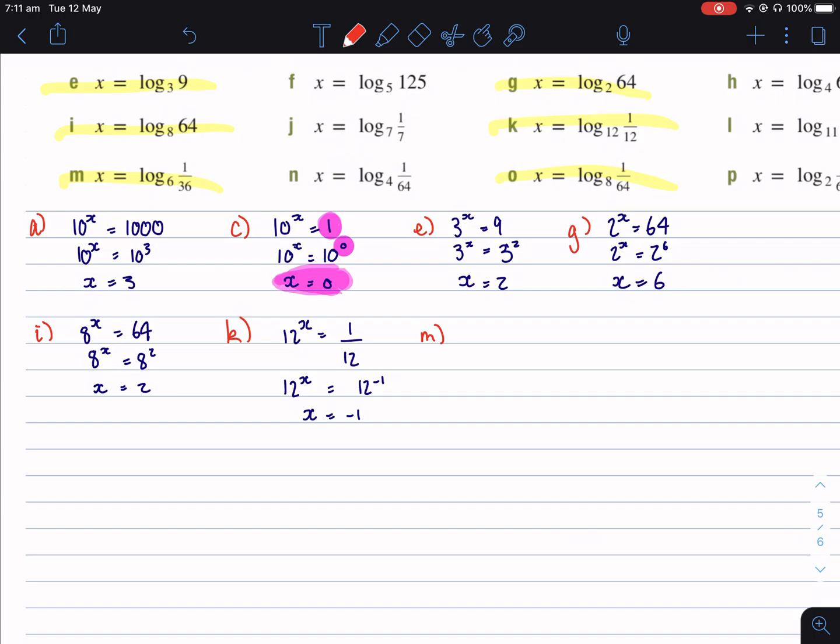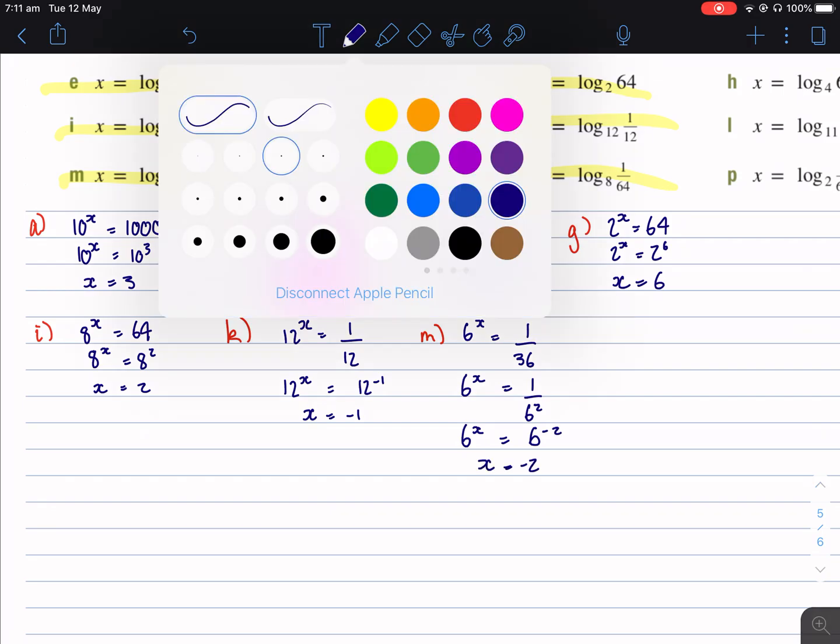We've got 6 to the x equals 1 on 36. Now this is the same as 1 on 6 squared, isn't it? Because 36 is 6 squared. 1 on 6 squared is the same as 6 to the minus 2, so x equals negative 2.